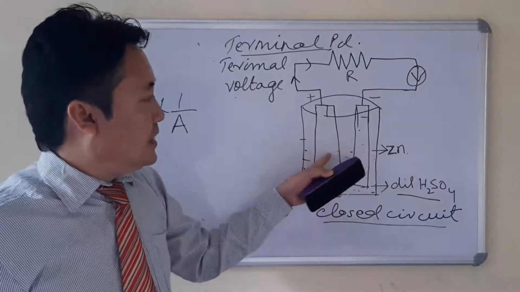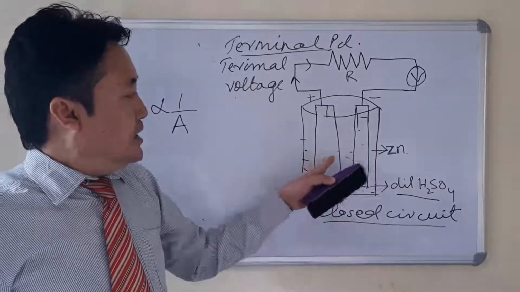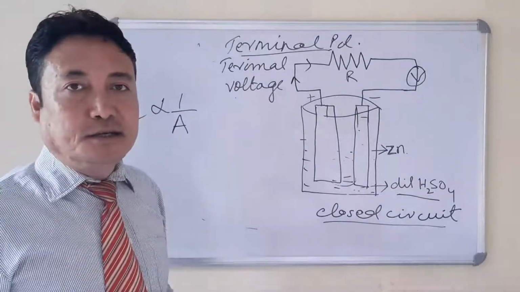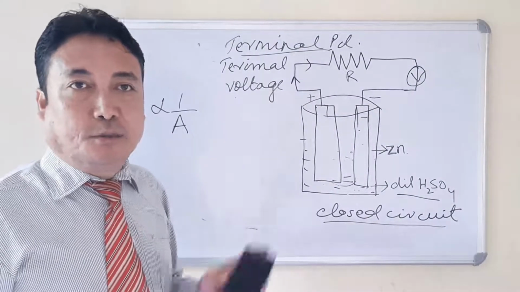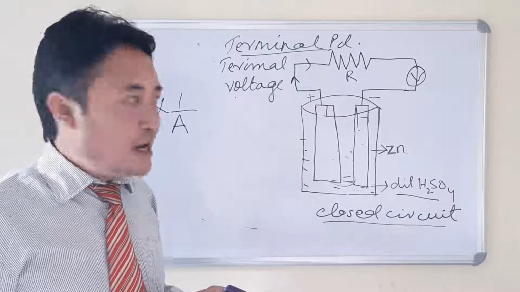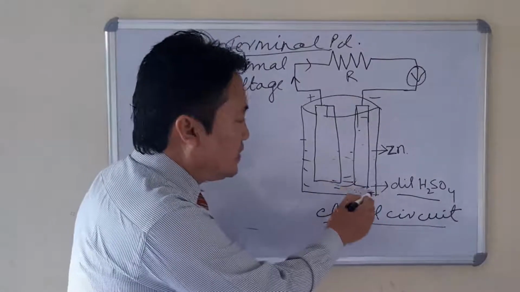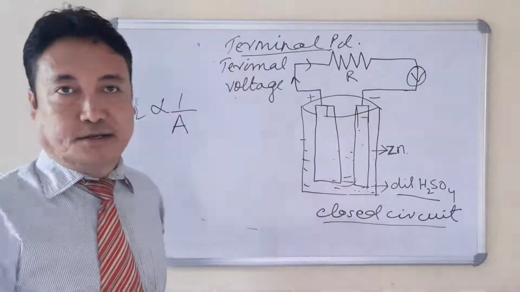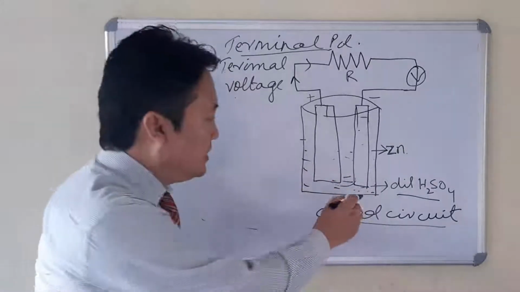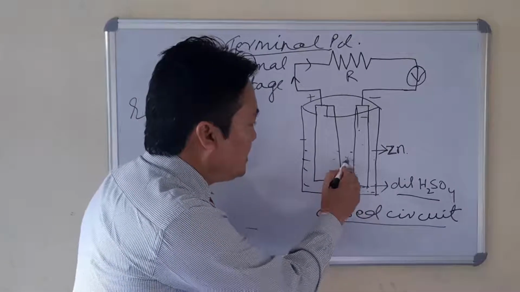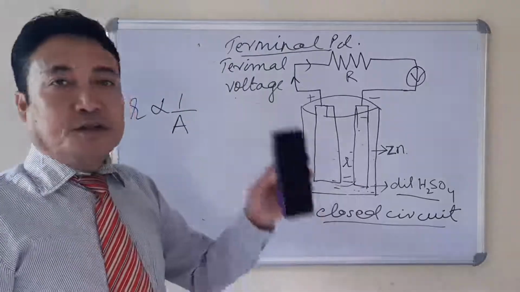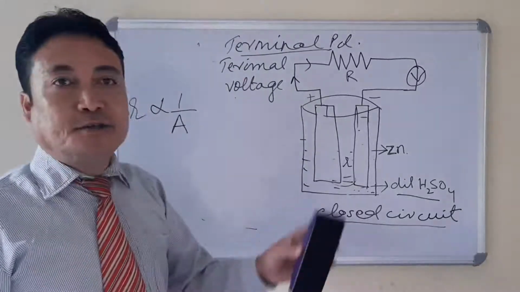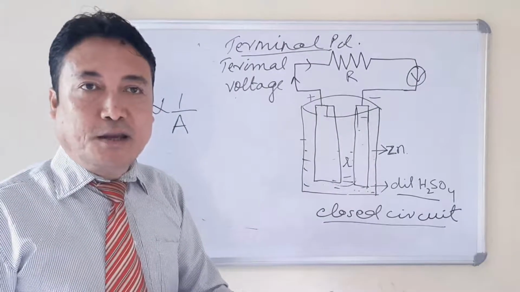So suppose if I make the area of the electrode larger, then what will happen is that the internal resistance will become less. Now, why the internal resistance becomes less is that since the internal resistance is provided by the electrolyte. Remember, it's very important here. The internal resistance is provided by the electrolyte of the cell. So when the surface area of the electrode becomes larger, then what will happen?